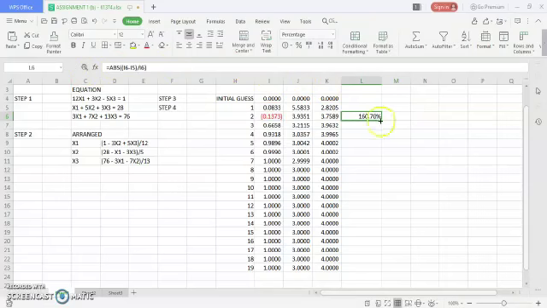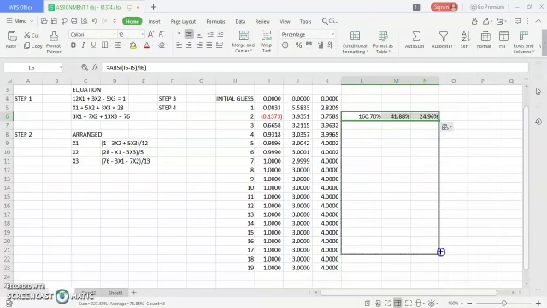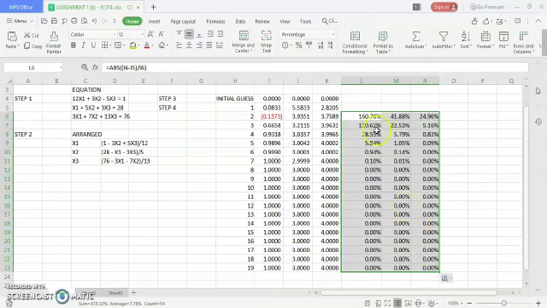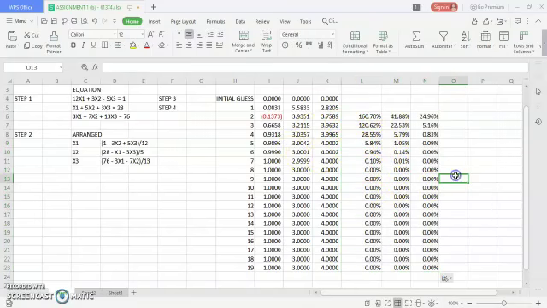So here we can just drag like this to get the error for x2 and x3, and we just drag down to get the second and the following iterations' maximum error. So we are finished and we get all the maximum errors over here.